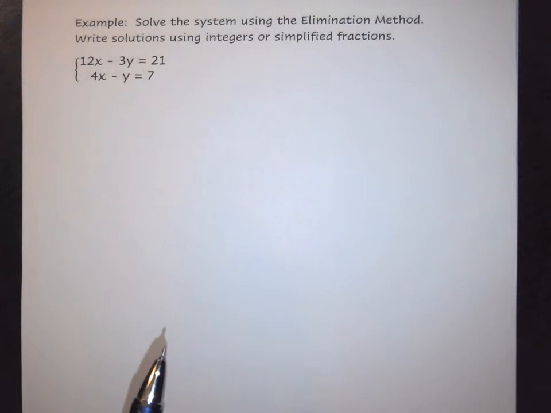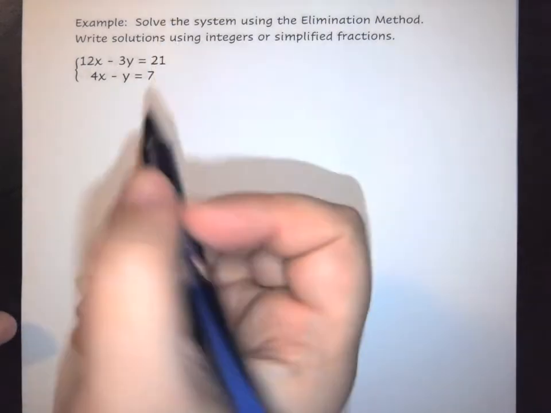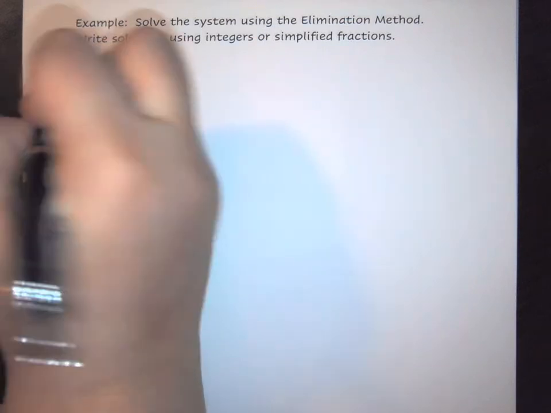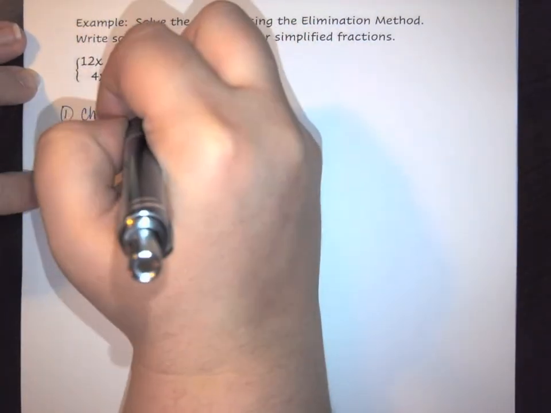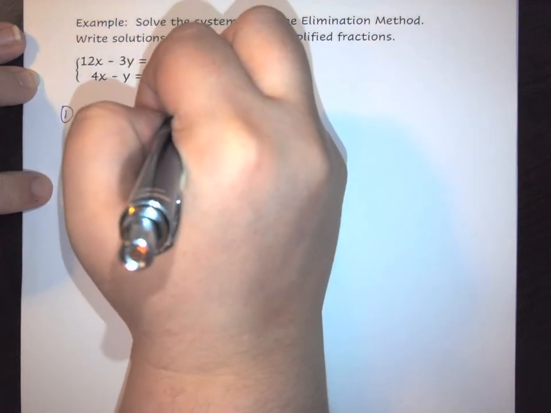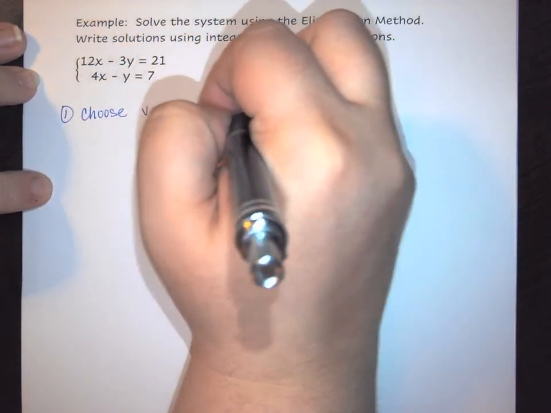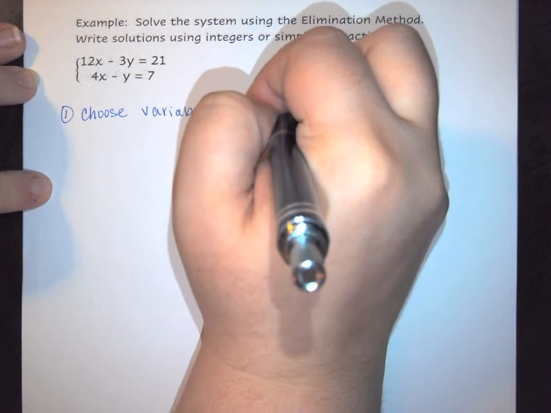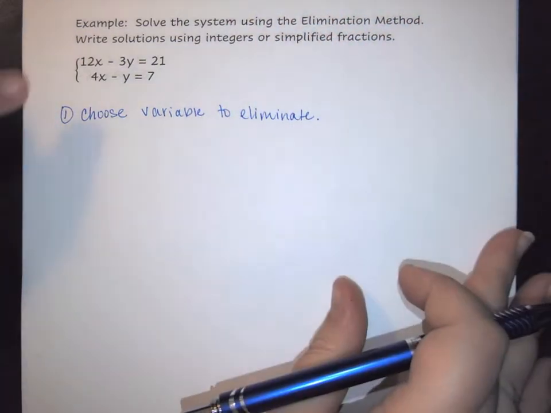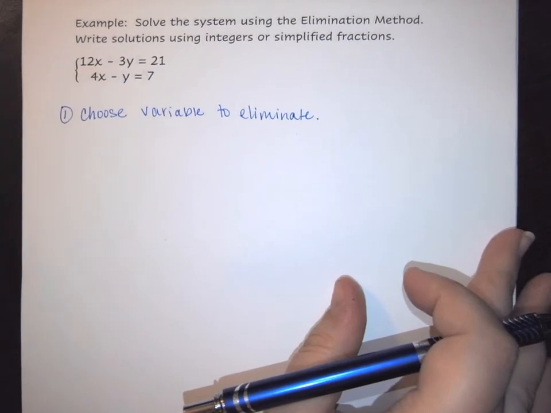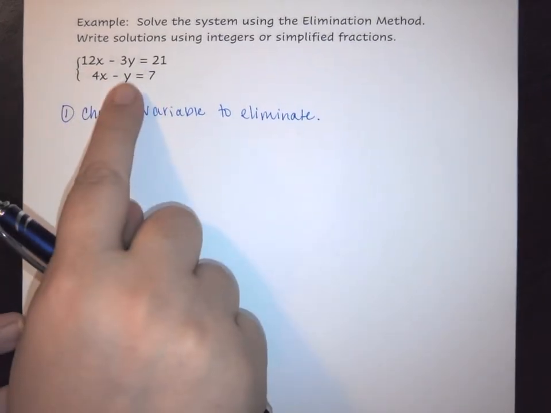So here, the first thing you want to do is choose the variable to eliminate. So in this case, let's go ahead and choose the y. Okay, let's eliminate my y.